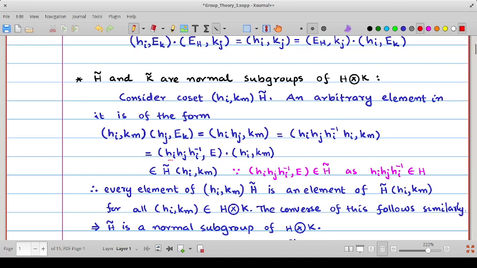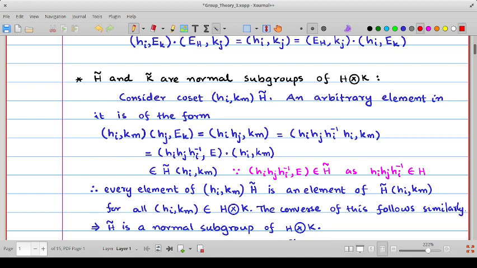Now this is an element of the group H. That's because Hi inverse and Hj are all elements in group H, and this product is also an element of the group H because of the closure property of the group.